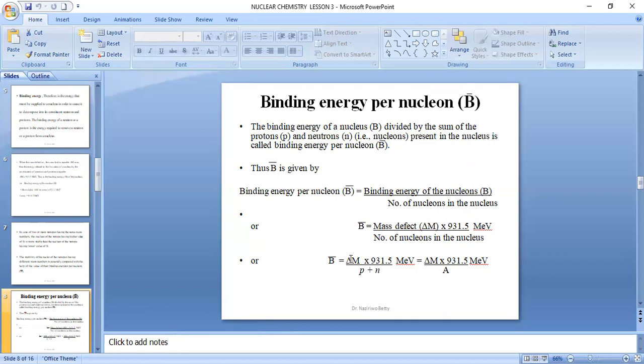You remember the binding energy is the mass defect times 931.5. So divide by the total number of protons and neutrons, which is the same as mass defect times 931.5 over the atomic mass.